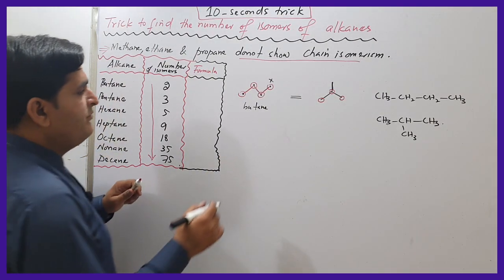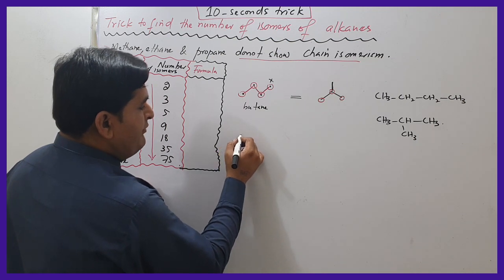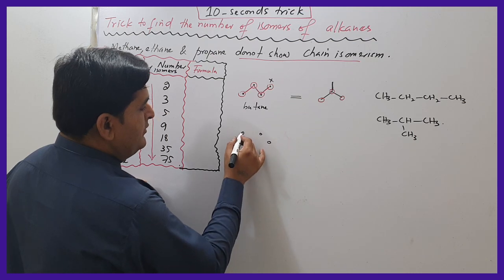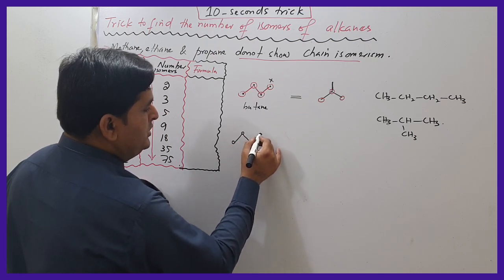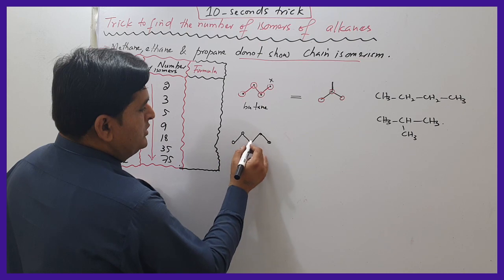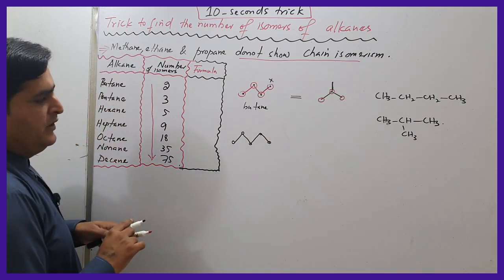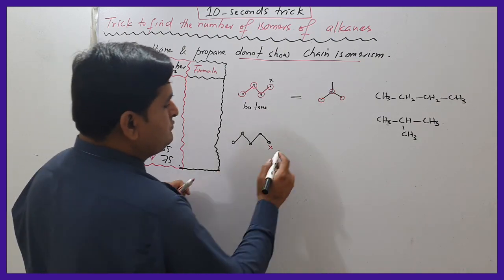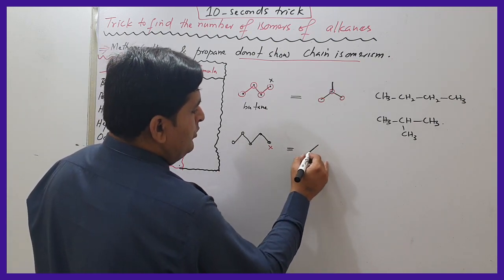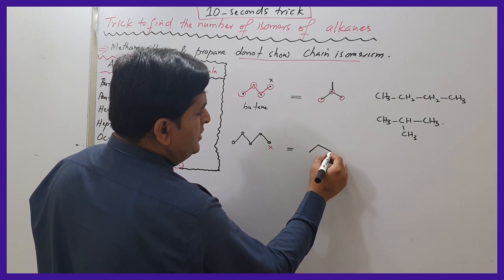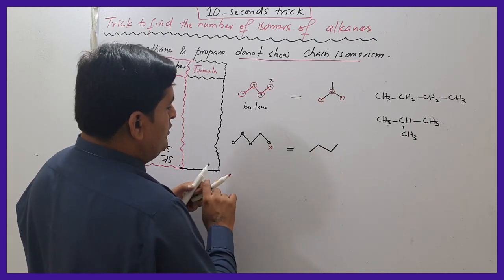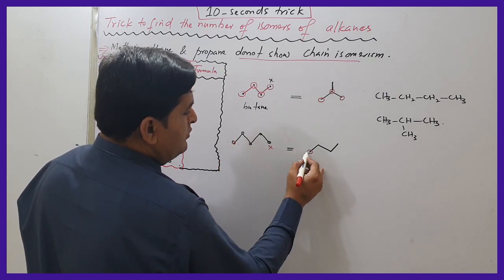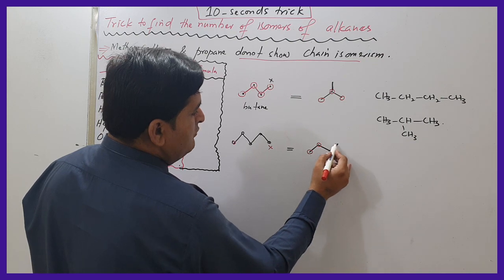For the same reason, if we have pentane, we write 5 dots: 1, 2, 3, 4, 5. So there are 5 carbon atoms. We have to remove 1 carbon, so we write 4 carbons: 1, 2, 3, 4.